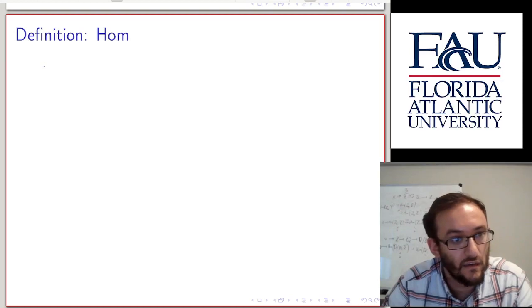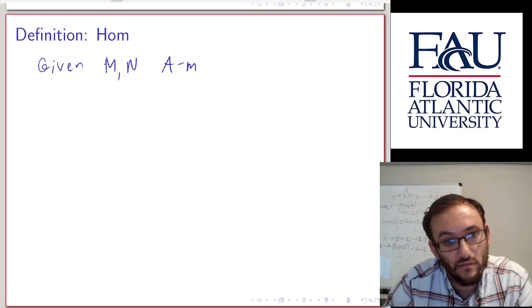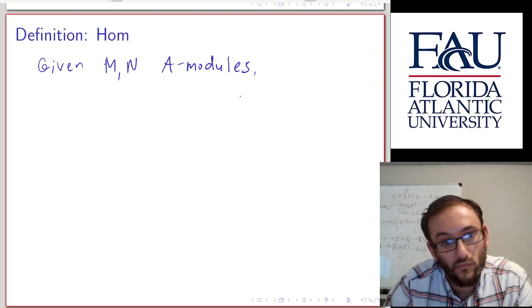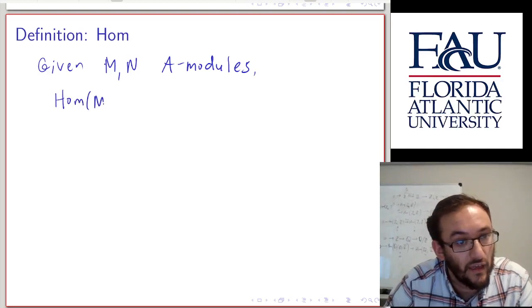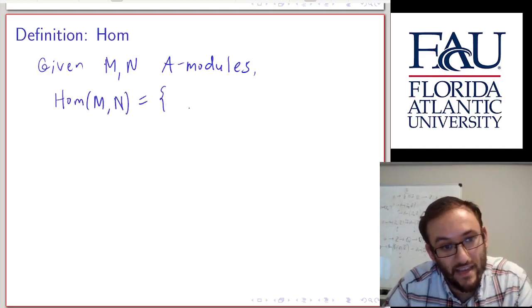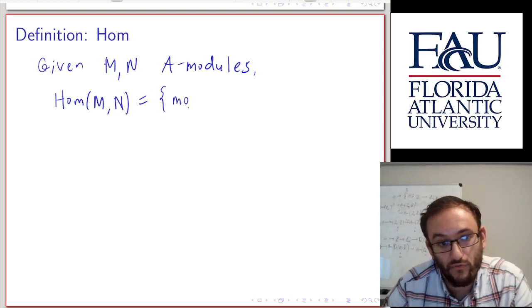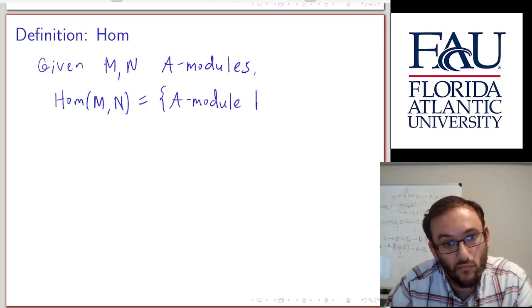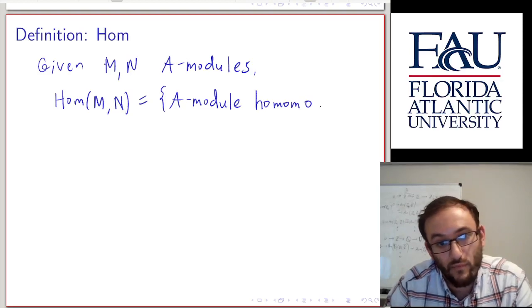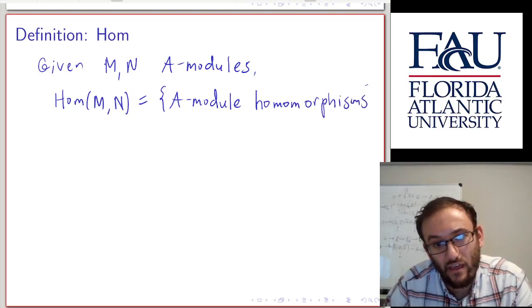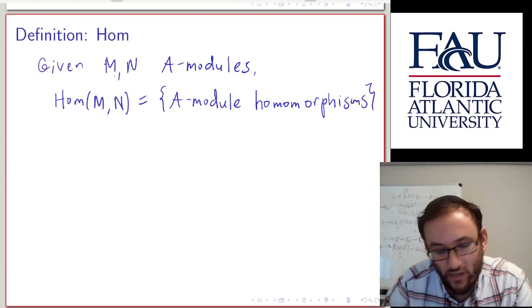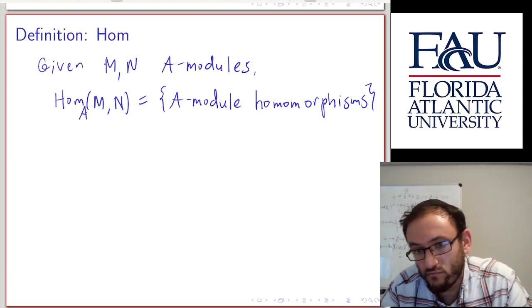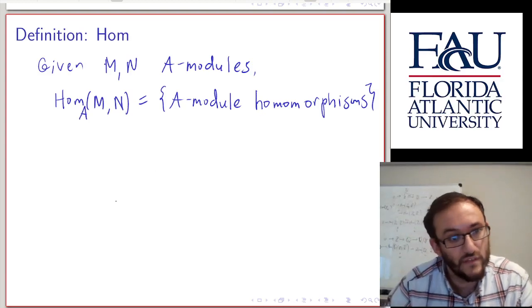So given M and N A modules, where A is a ring, Hom of M, N is equal to the set of A module homomorphisms from M to N. If there's ever any doubt about what ring we're considering these as modules over, you might put an A here to let us know that these are A module homomorphisms.